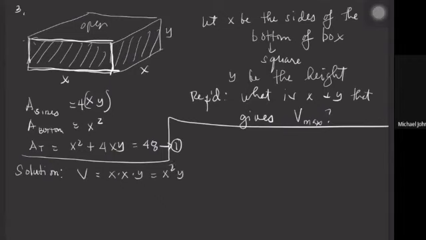Now we have equation 1. Let this be equation 2. From 1, we have x squared plus 4xy equals 48. We know that we have two independent variables here. So we have to represent one, either x or y, in terms of the other.